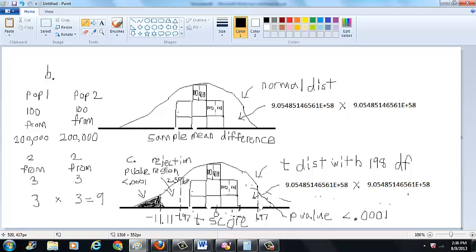And we have another rejection region up here, which is also 2.5%. We need to label both of them.